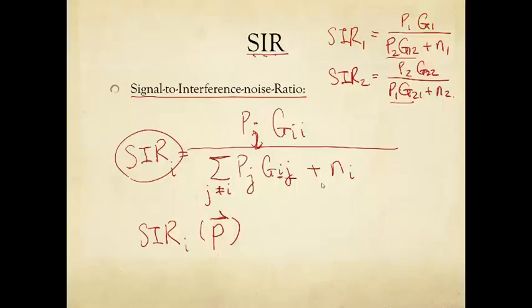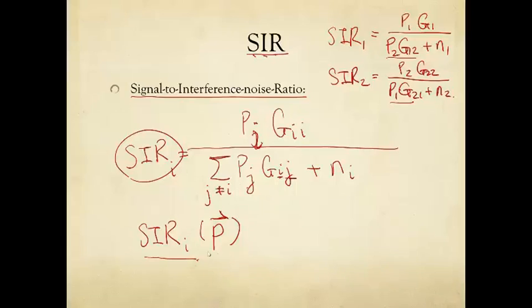That is the mathematical representation of the very physical fact of interference in wireless communication. If there's no other user, it's easy to increase SIR for user 1. I'll just increase P1. But of course, there are other users. A larger P1 helps SIR1, but it will also show up as a larger denominator for the other SIRs that will hurt the other SIRs.